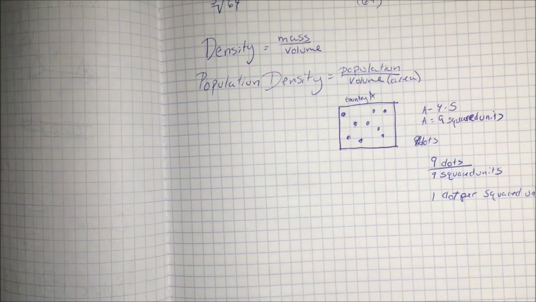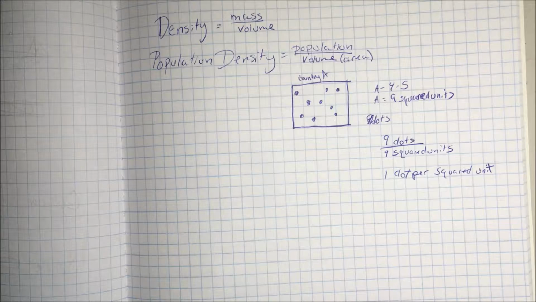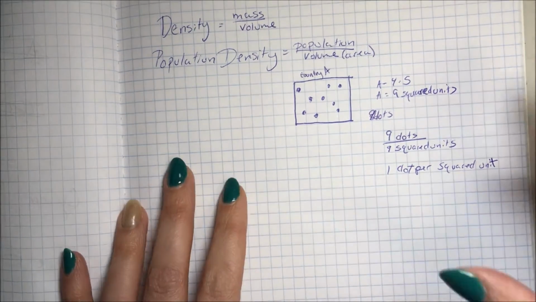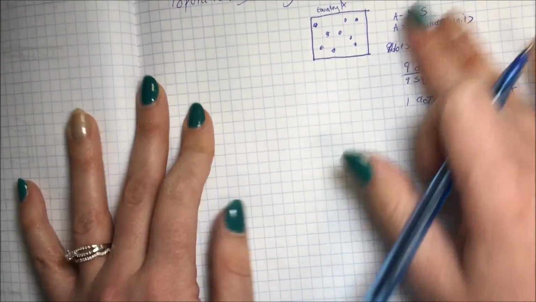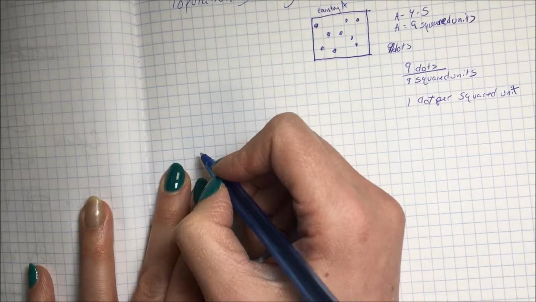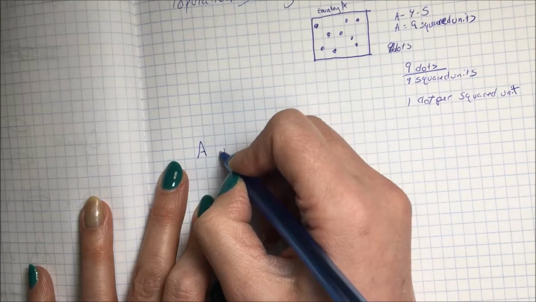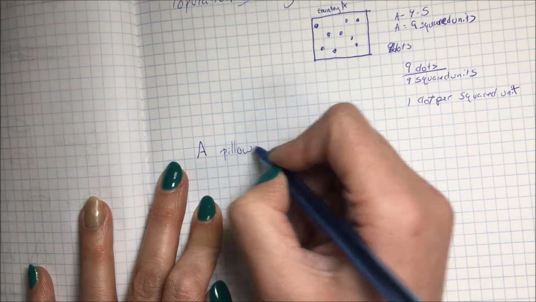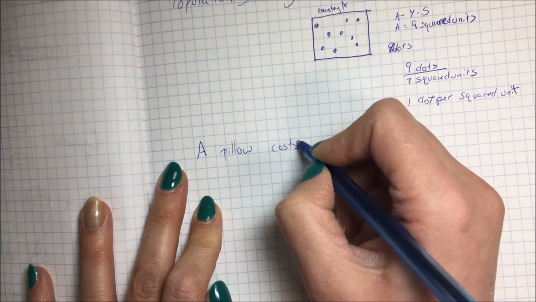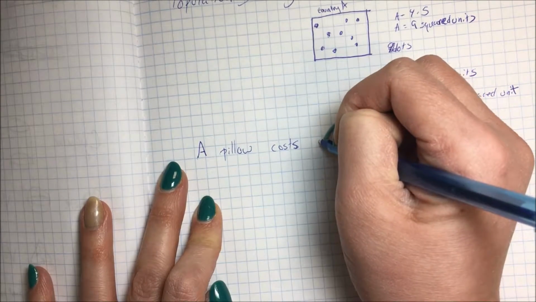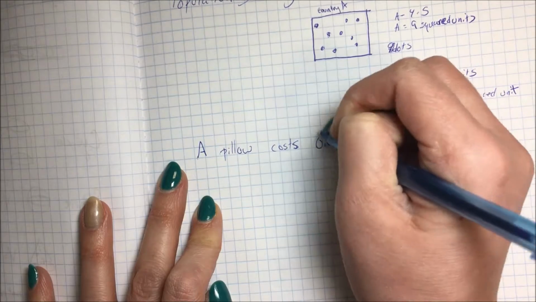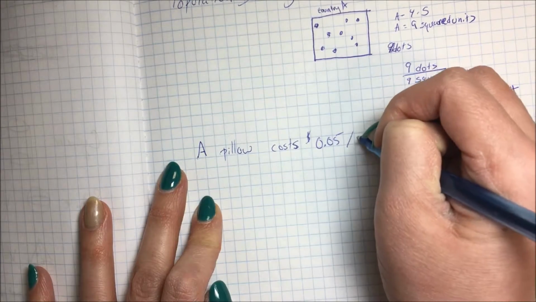Okay, so this is the formula that we're going to be using, and it might get a little more confusing. We might have some more intricacies to it. So let's take the problem. A pillow costs $0.05 per ounce.